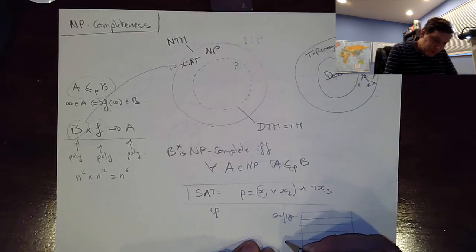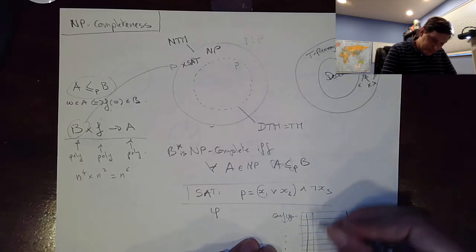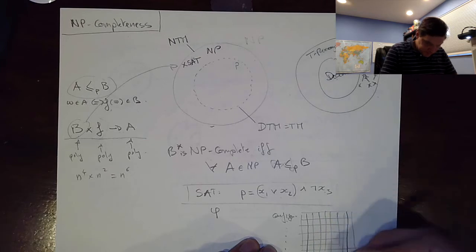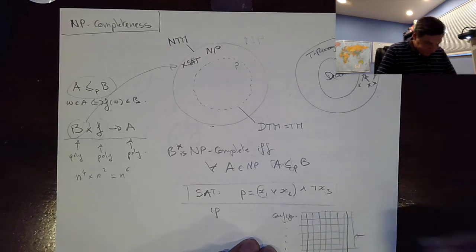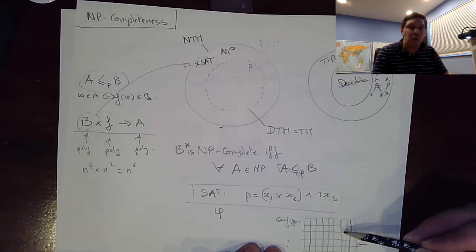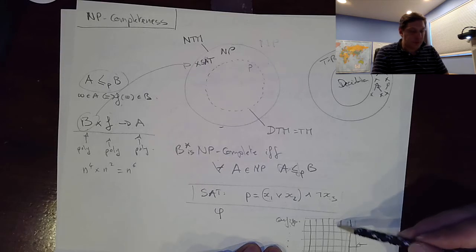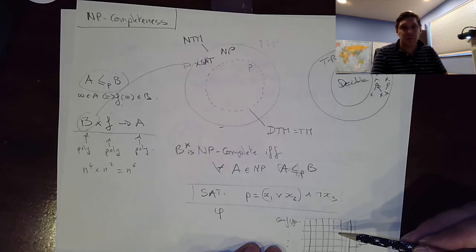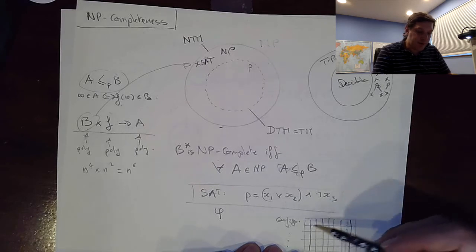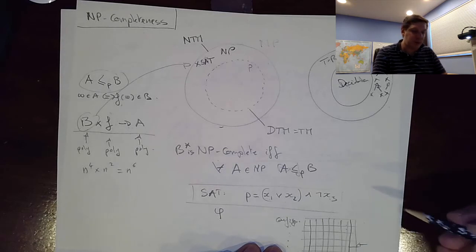So you have configurations here, and each configuration follows the preceding one by following the transition function.